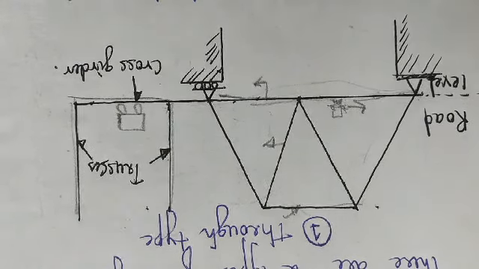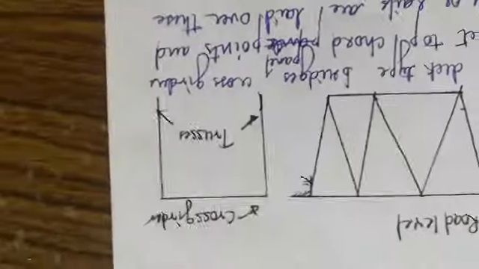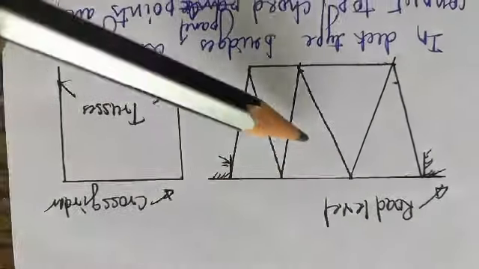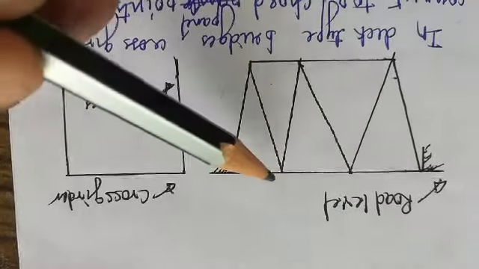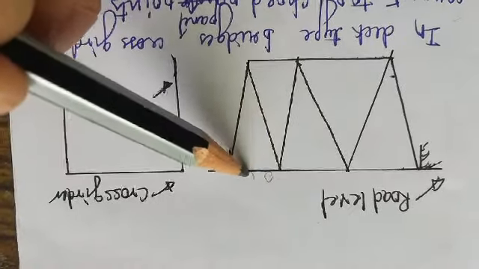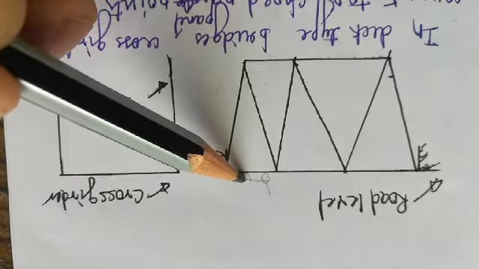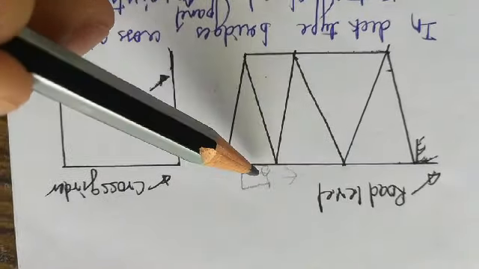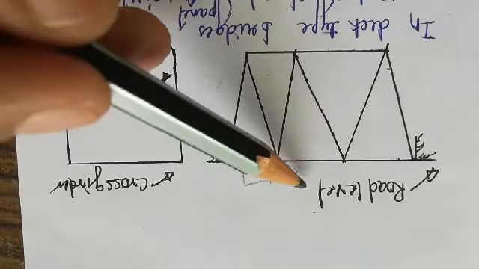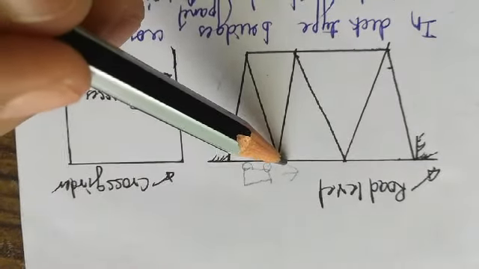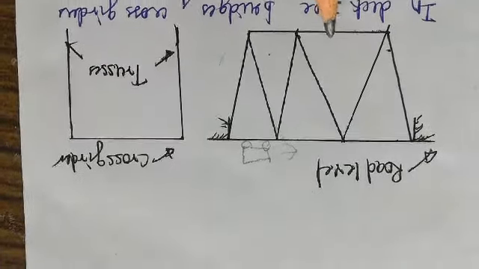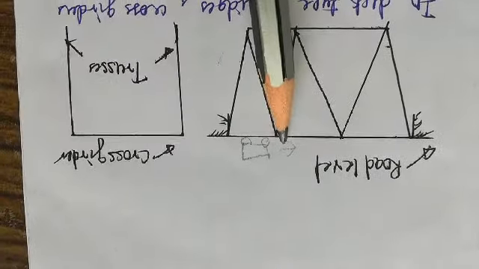Now next one is the deck type. In the deck type, the vehicle is moving at this point. The road level is at the top side. Okay, this is the bottom side, this is the top side.